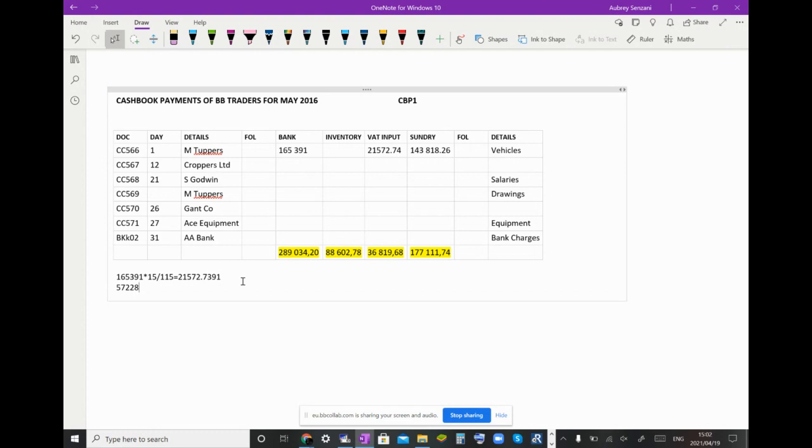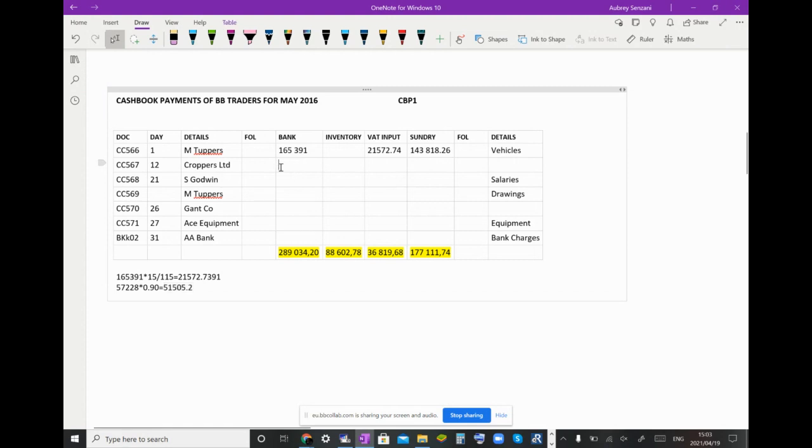Okay, then we say times 0.90. You get the amount after, in other words, 90%. And there we go. The amount right there.